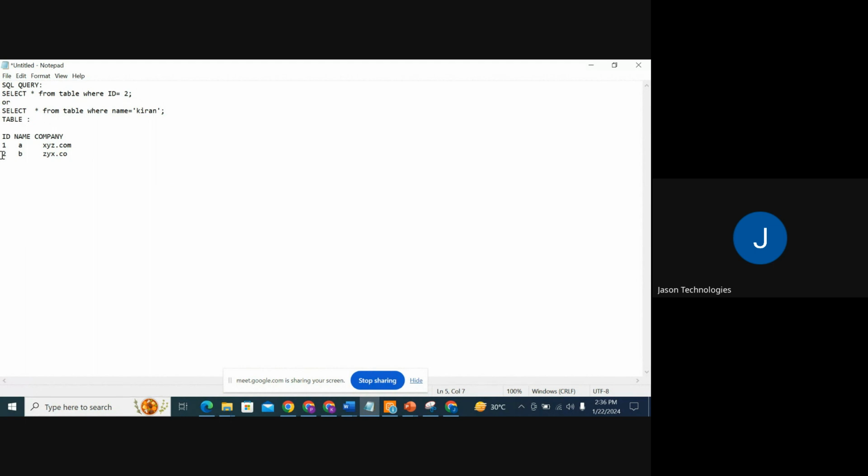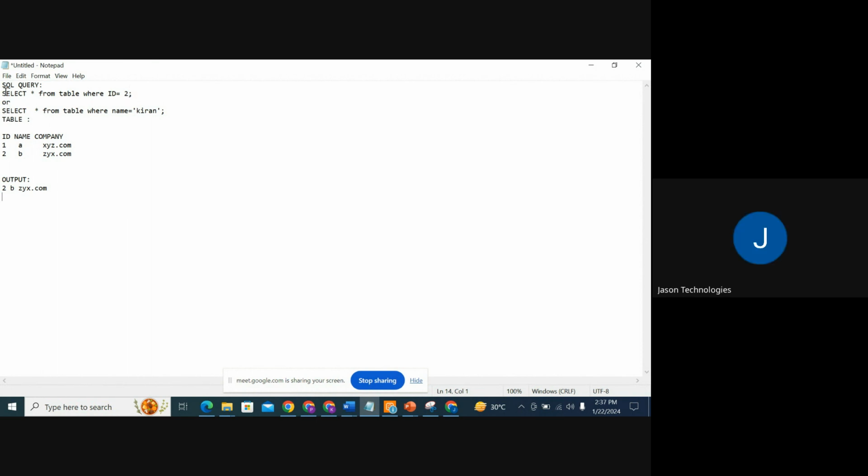If the ID matches an existing record of the table, then it retrieves this record, and in the output it will give the record as B, zyx.com. Okay, did you understand this point? Yes. I hope you know this type of information from the previous one. I'm saying it for the first time.